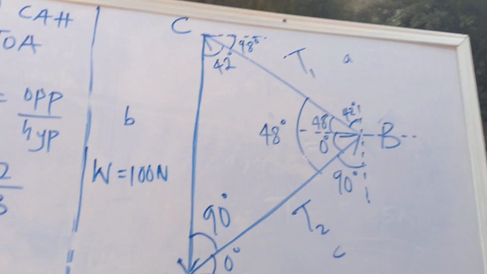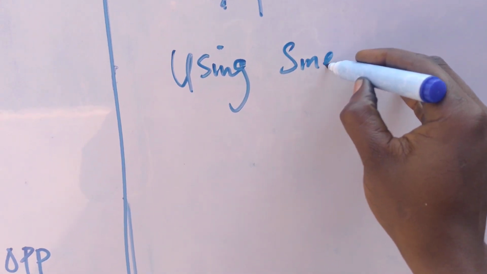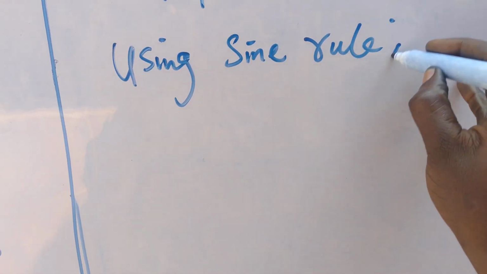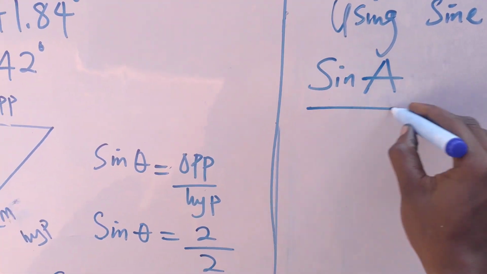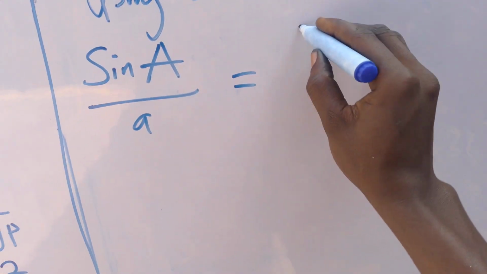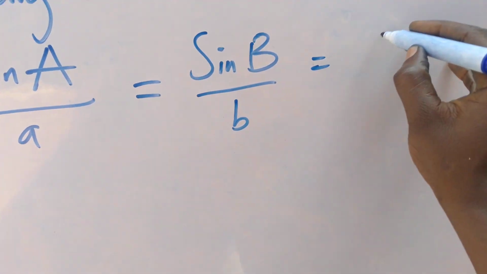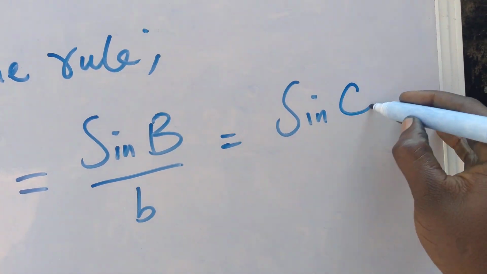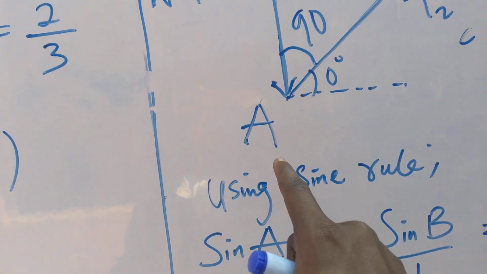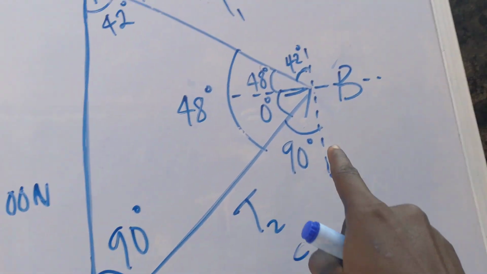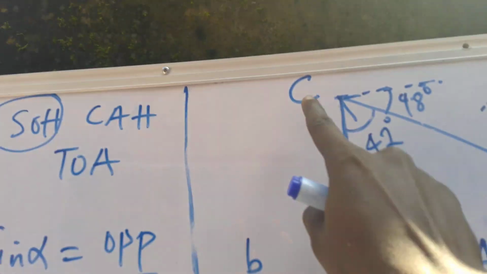Using sine rule, I have sine A over small a equals sine B over small b equals sine C over small c.